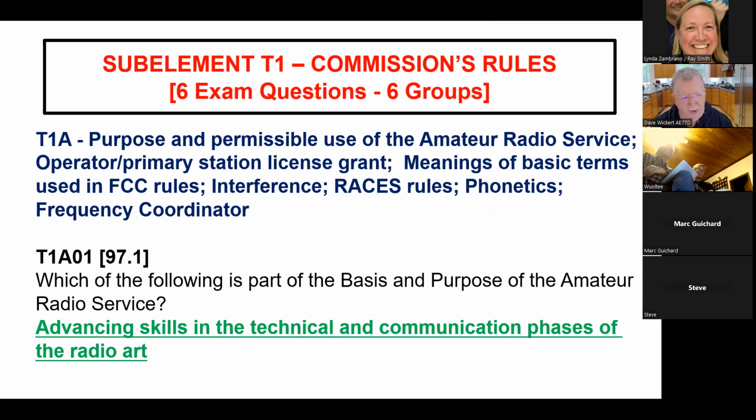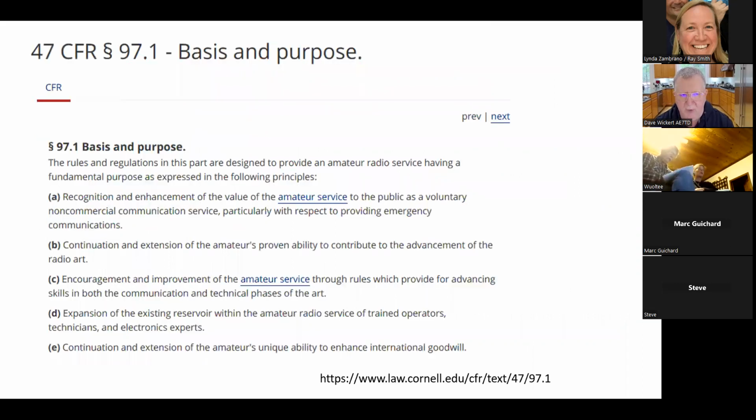So question T1A01, the first question in the pool, is: which of the following is the basis and purpose of the amateur radio service? If you look at Title 47, which is the Federal Communications Commission's portion of the Code of Federal Regulations, you'll see that the FCC has defined the reason why amateur radio exists.